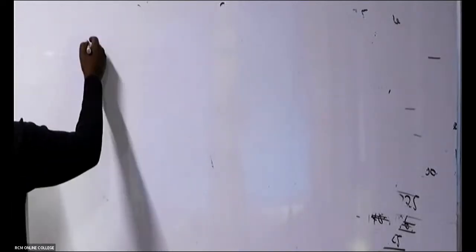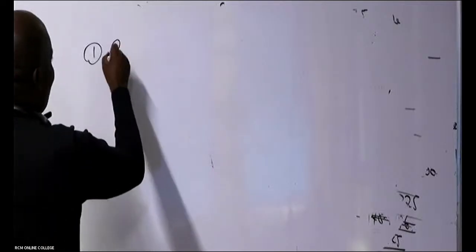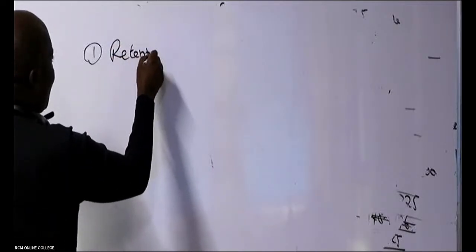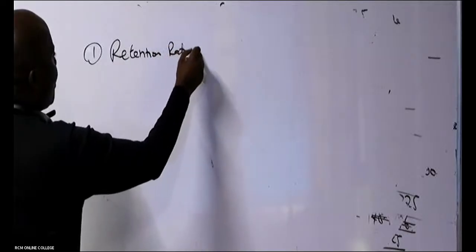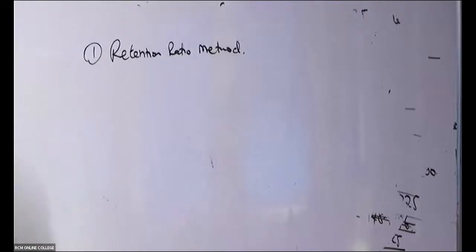Methods of computing the growth rate. Number 1, we have what we call the retention ratio method.